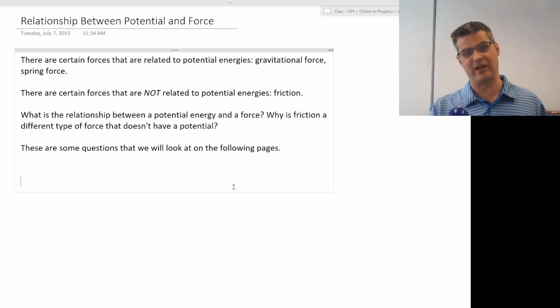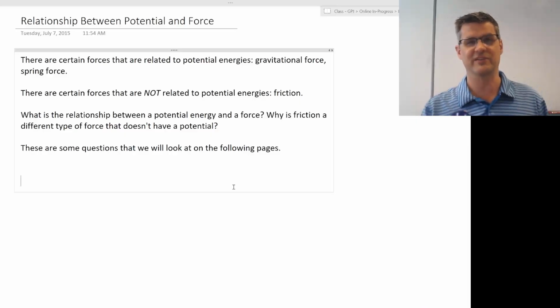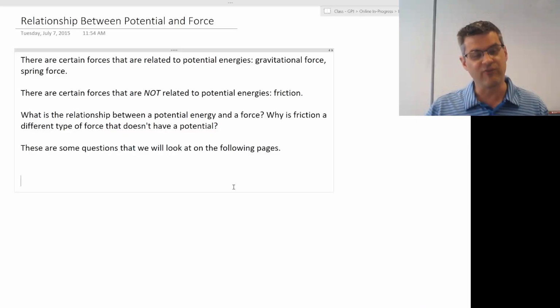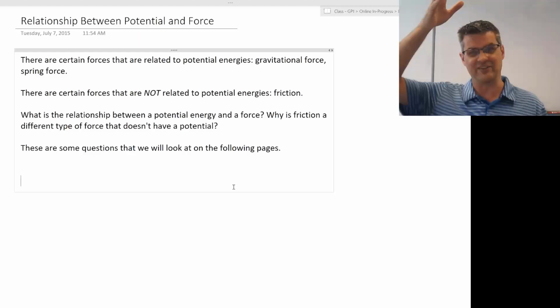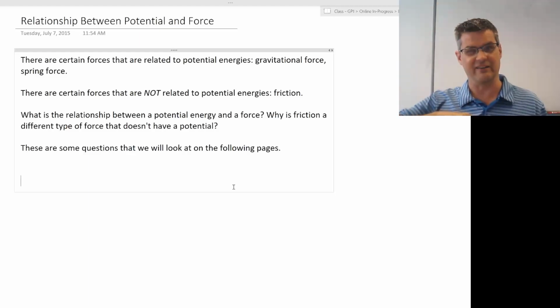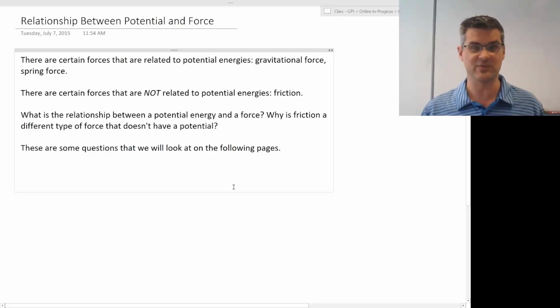The first one, related to potential energies, involves work that I can do and get that energy back. There are other forms of work, such as against frictional forces, where I don't get that energy back. So there is certainly a relationship between force and potential energy in some situations.